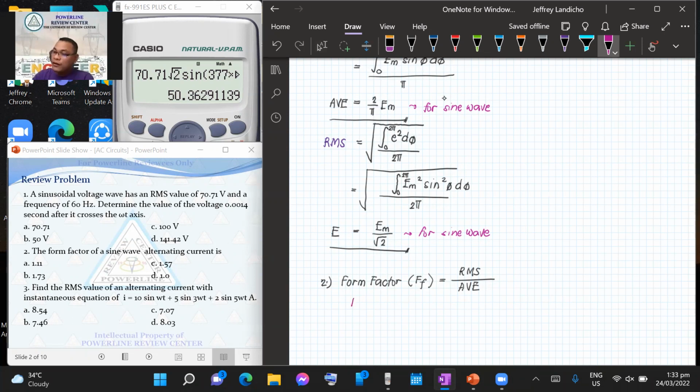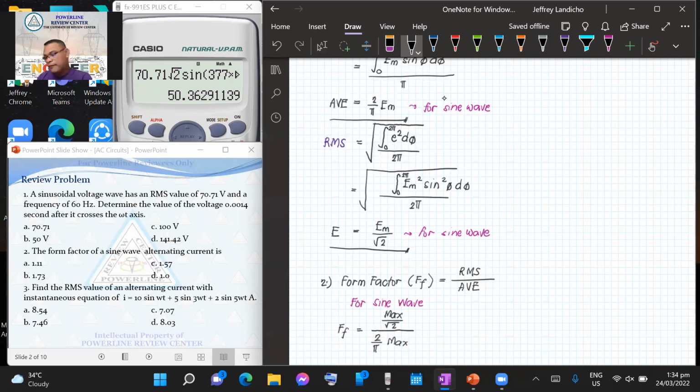So therefore, for sine wave, pag kinuha natin yung kanyang form factor, so form factor of our sine wave, f sub f, sabihin natin, so we have already identified that the RMS value for your sine wave, that is always the ratio, whatever its maximum value, nakadivide lang kanino? Square root of 2. Now, to get its average value, that is 2 over pi, multiplied whatever the maximum value.